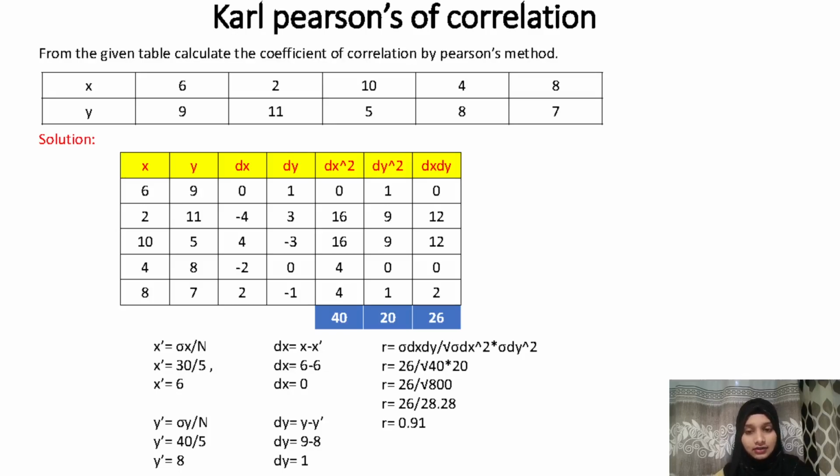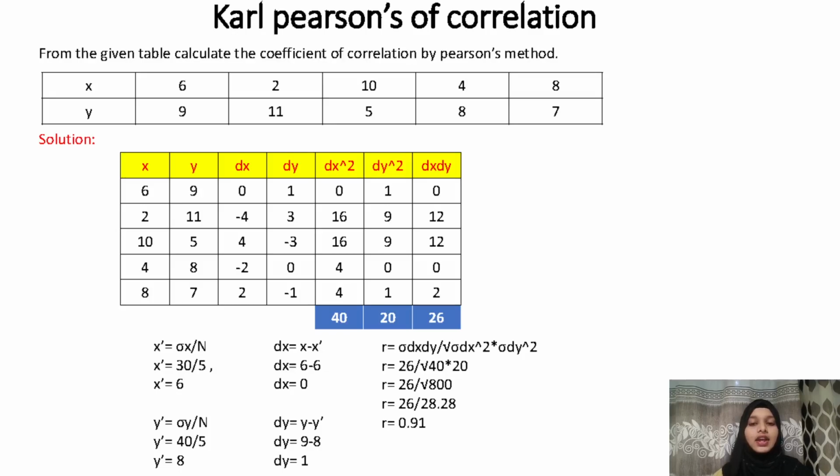I think you are able to understand. Once again, say along with me: r is equal to sigma dx into dy divided by under root sigma dx square into sigma dy square.